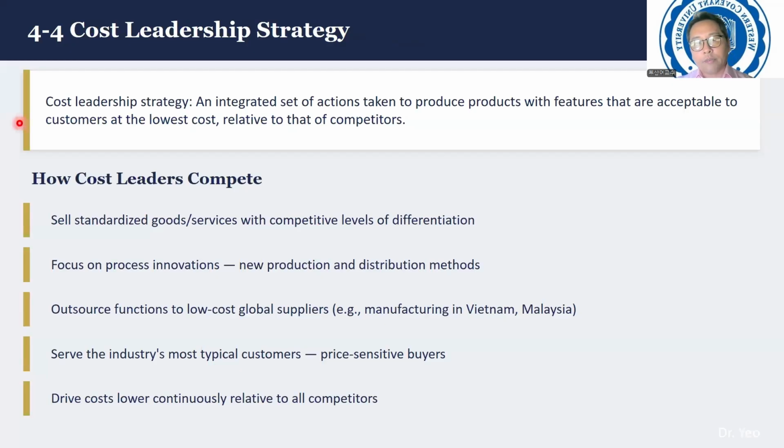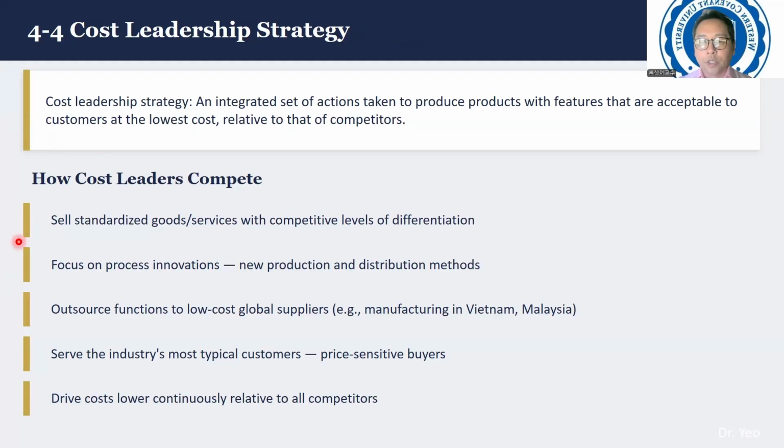Okay, let's dive into the first and perhaps the most well-known strategy, cost leadership. The definition is straightforward. Produce goods and products that are acceptable to customers, but at a lower cost than anyone else in the industry. Here's the keyword: acceptable.